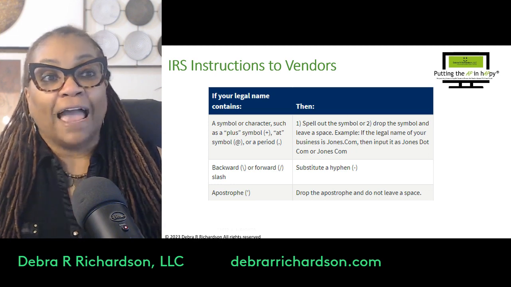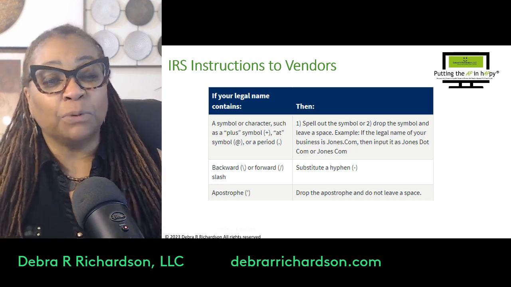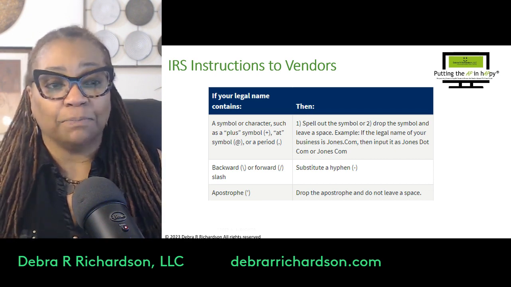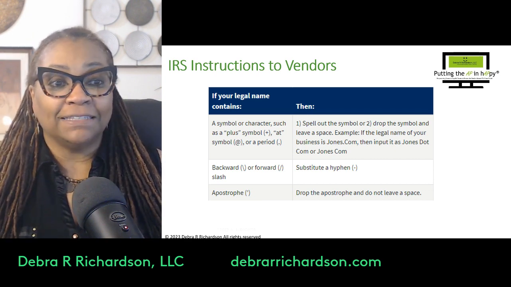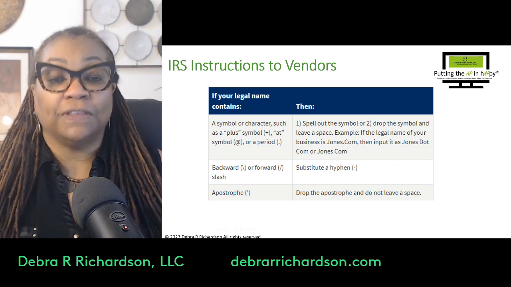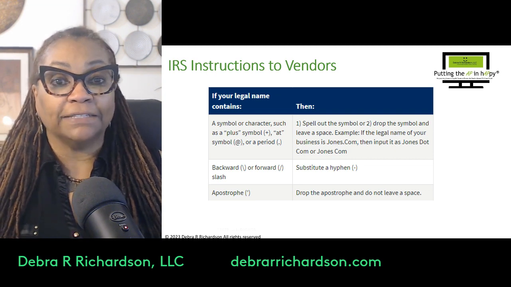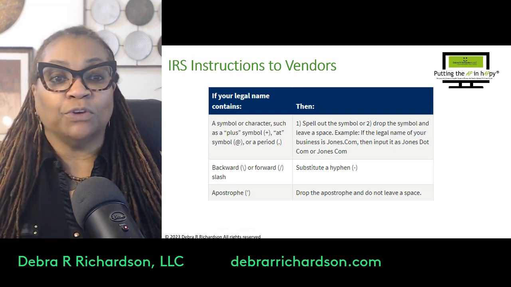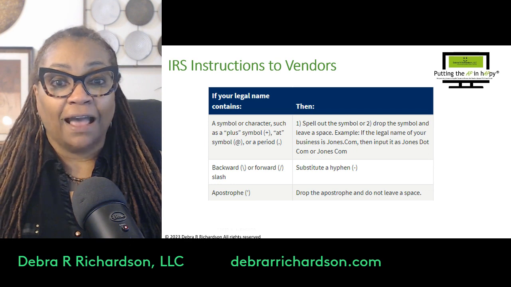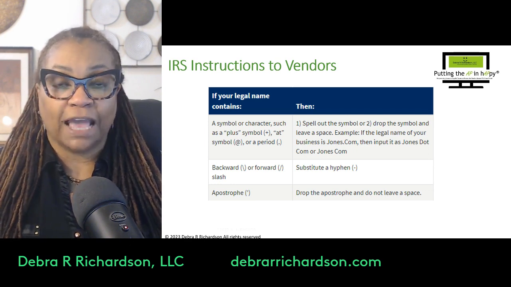The IRS instructions to vendors are that if there is a symbol or character such as a plus symbol, an at symbol, or a period, they say spell out the symbol, or drop the symbol and leave a space. So if the legal name of your business is Jones.com, they input it as Jones dot com or Jones com.